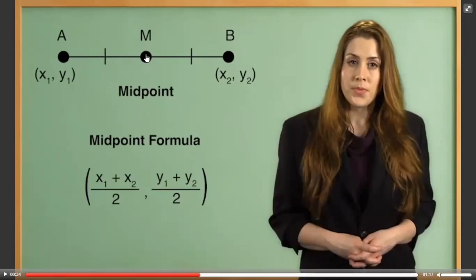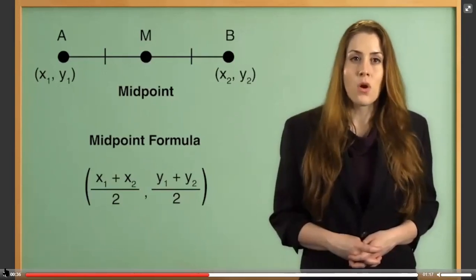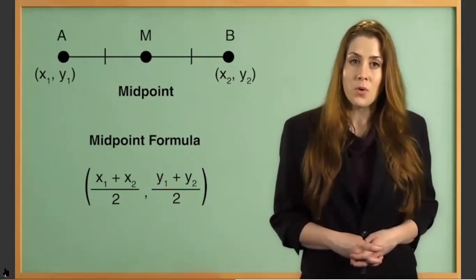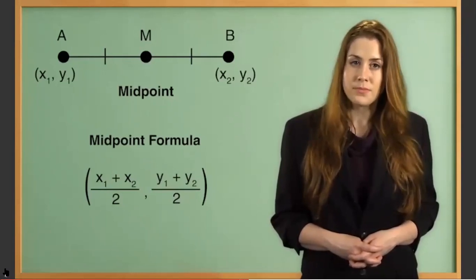The midpoint's going to be the average. If you know the midpoint and one of the endpoints, then you got to find the other endpoint. That's a little bit harder, but it's using the same formula and taking the information that you're given and plugging it in until you calculate it. The midpoint formula works for all line segments, vertical, horizontal, or diagonal.